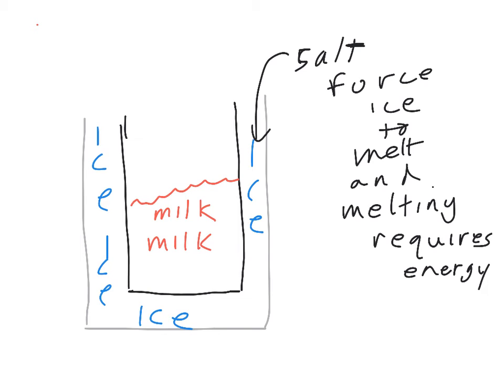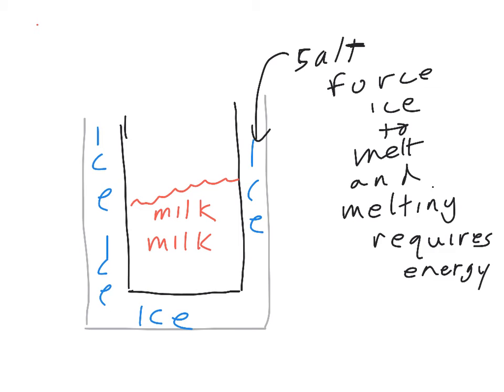So if the salt is forcing the ice to melt, where's the energy going to come from? Well, for the ice in this part of the container, it might come from the air. But for the ice in this part of the container, what's right next to it that it could steal energy from? The milk!